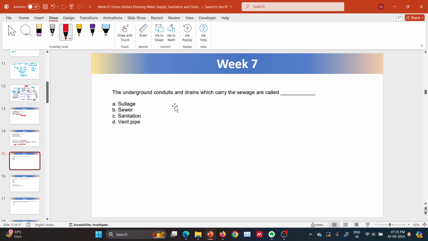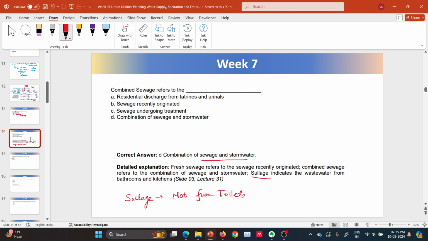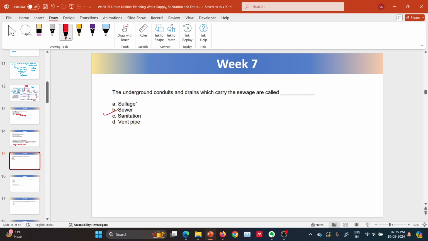The underground conduits and drains which carry the sewage are called sewers. Sludge is a term for bathroom and kitchen waste, and sanitation is what we are studying. Vent pipes are the pipes for carrying the air, for releasing the air actually.